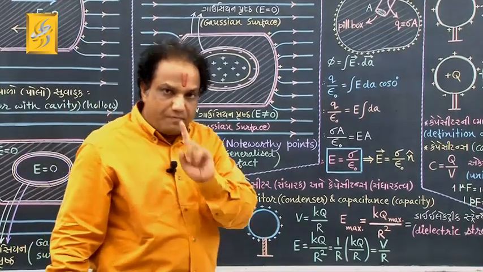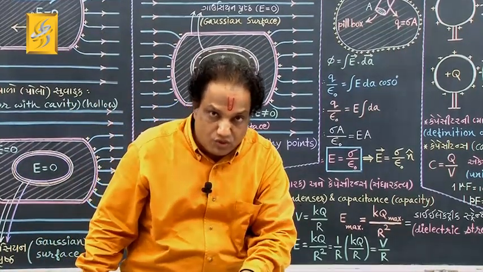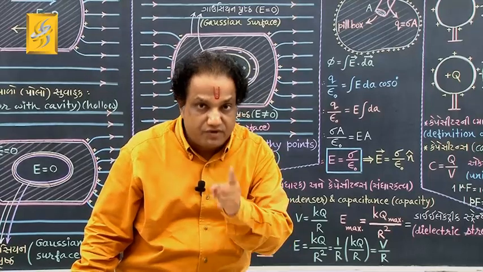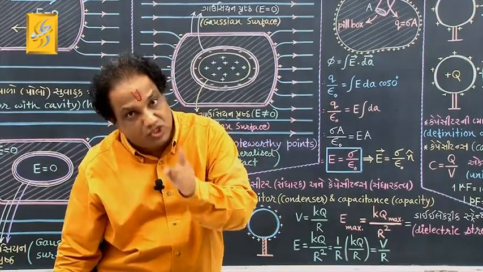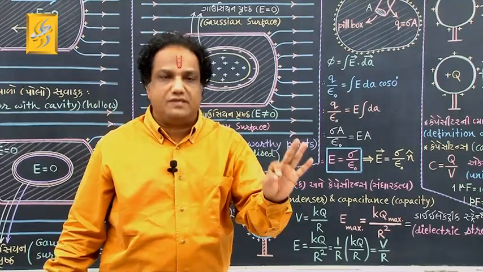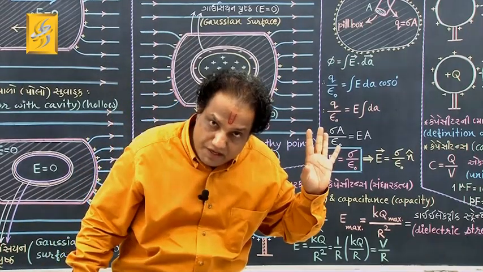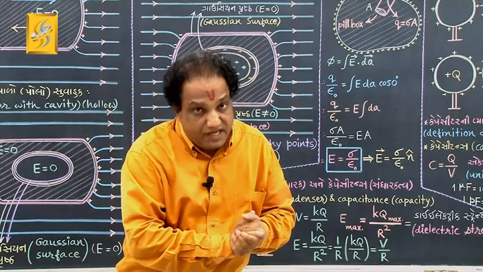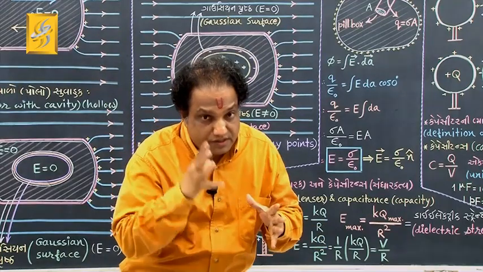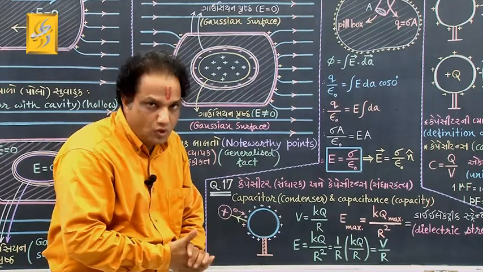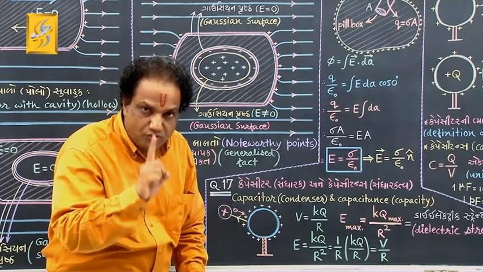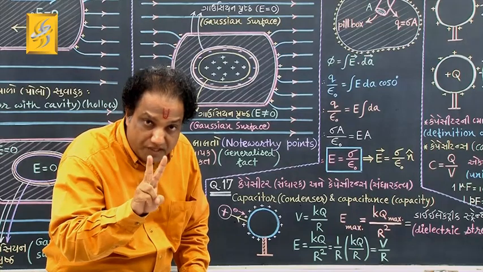An electric component which can store some electric charge, which can have some electric field in which some energy can be stored is known as a capacitor. Okay? But in practice, we do not use a capacitor in which there is only one component. No. In practice, we use a capacitor with two components.